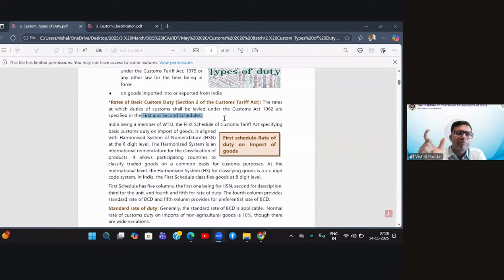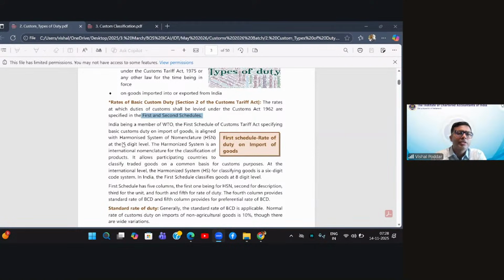Nomenclature means naming. So HSN is nothing but a list where all the goods being traded internationally are listed, given names, how they will be known and referred to internationally. And against these names, they are given code numbers, which today we call the HSN code.